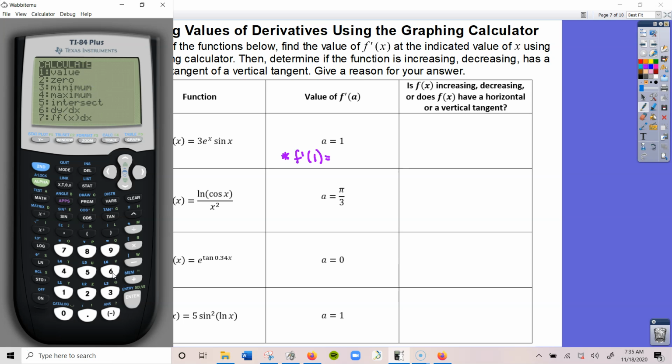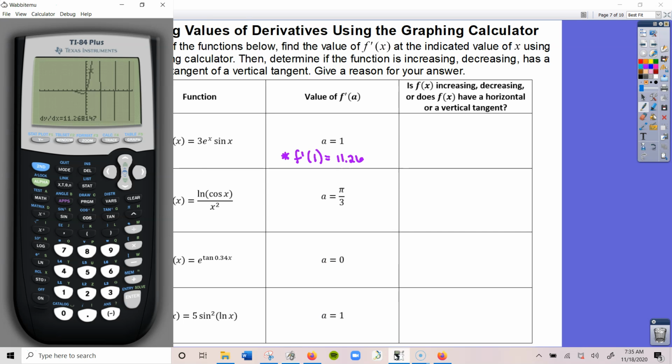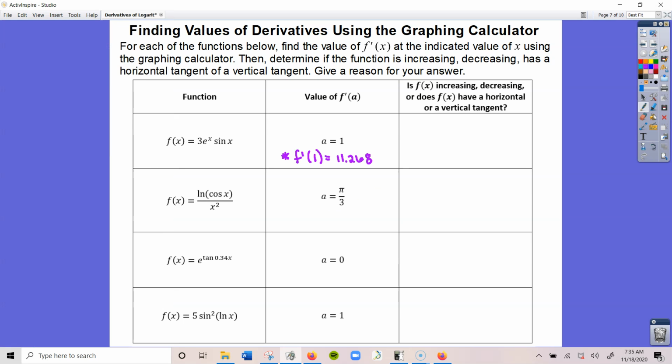So I'm going to press the number 6 to select that option. And then you're going to press the x value that you're looking for the derivative. So I'm looking for f prime of 1, so I'm going to press 1, enter, and then I get my derivative is 11.2681. Remember that we do not round, we write 4 decimal places and we just truncate, we cut off the number.